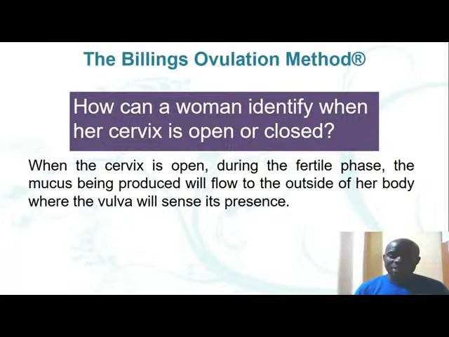When the cervix is open, during the fertile phase, the mucus being produced will flow to the outside of her body, where the vulva will sense its presence. That means for this woman to be able to feel the presence of the mucus at the vulva, she must be in an upright position, not lying down.